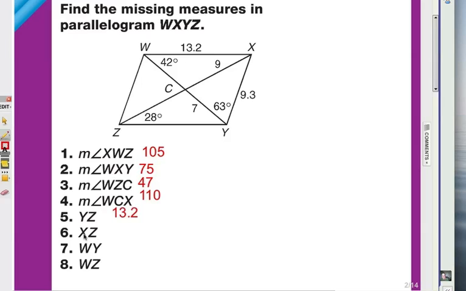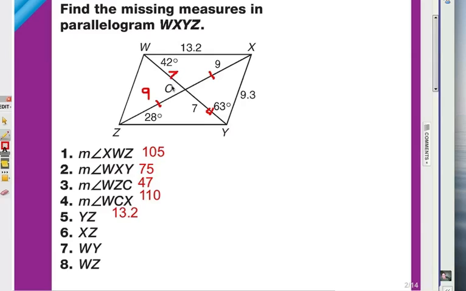Number 6, XZ. XZ, of course, is a diagonal. And what do we know about the diagonals of a parallelogram? Well, when we draw both of them in, we do know that those diagonals get bisected. So if that segment is 9 there, this has to be 9. And this is 7, and that has to be 7 for WC.